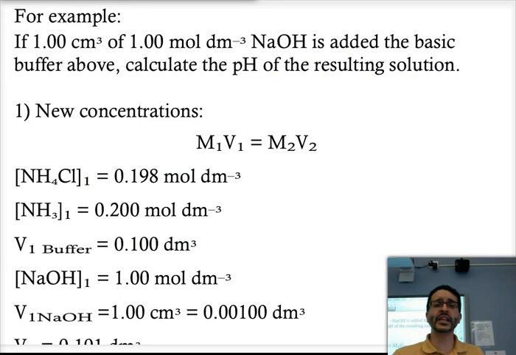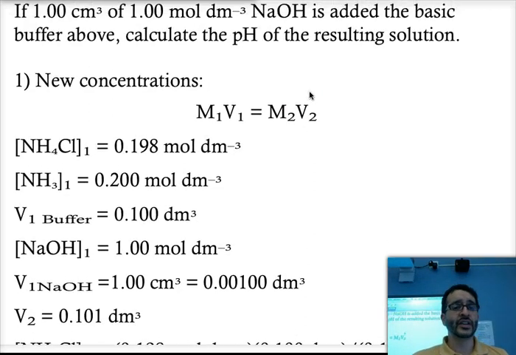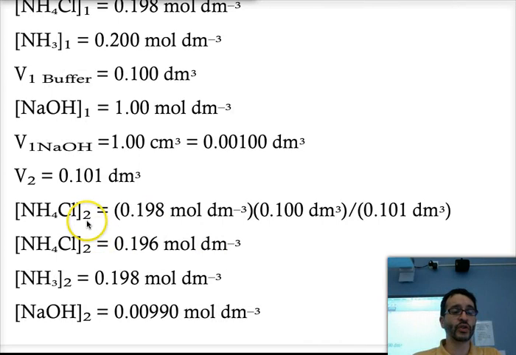If I add 1 milliliter of 1 molar sodium hydroxide to the buffer that we had just made, first of all, we need to calculate the new concentrations. We have a new volume. It's not 100 milliliters, but 101 milliliters. So we need to calculate all the new concentrations for the ammonium chloride, for the ammonia, and even for the hydroxide ion from the sodium hydroxide.